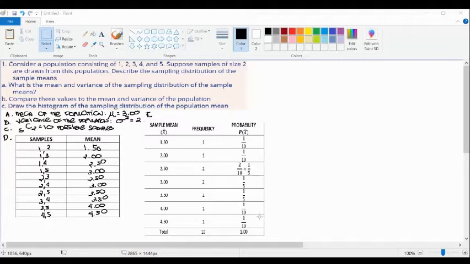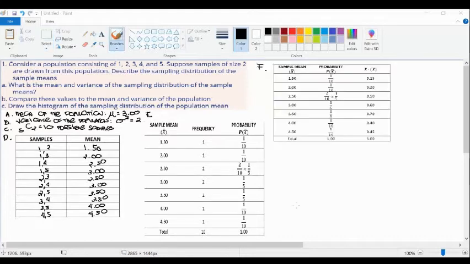1.00. Next, we're going to compute the mean of the sampling distribution of the sample means. So we're going to follow the steps. First, we multiply the sample mean by the corresponding probability and then add the results. Sample mean multiplied by your probability distribution. So for this, we're going to multiply 1.50 times 1 over 10, or if you convert this to decimal, that is 0.10, and it will give you an answer of 0.15.